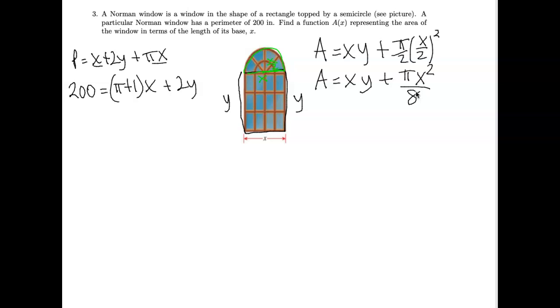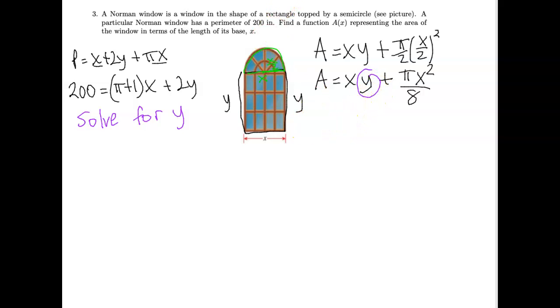Alright, this is where we can go back and look at the problem and say, oh shoot, that area has that y there. We want the area to be in terms of one input, just x. So if you go back to our perimeter, we can solve for y in terms of x, and then plug in the y that we get right here.